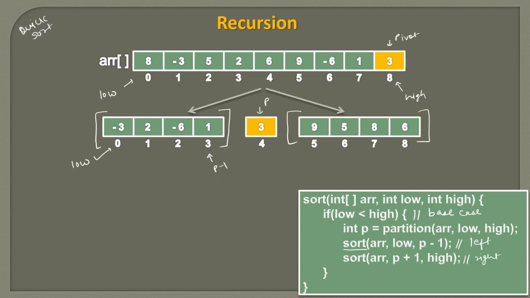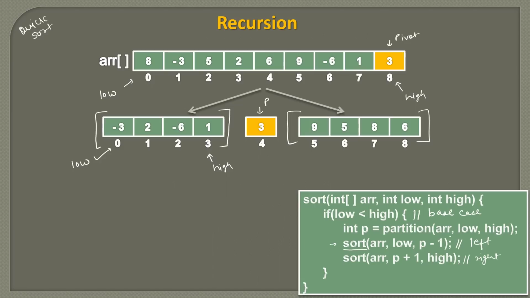So here when this sort method will be executed for this left array, you can see that this sort method will be executed again. Low will be the same, but high will become p minus 1. So this would be our high. Low is less than high. Now we will again call the partition method.